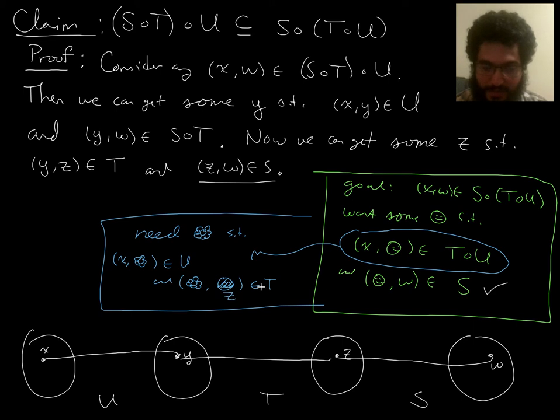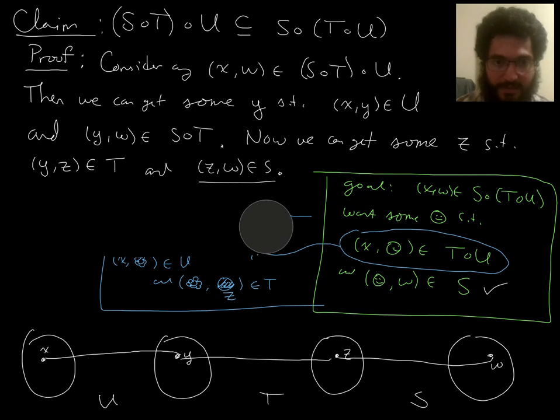So we think maybe Z will work here. Can you find something to fill the job of the flower? There's only one thing in sight that can do it, and that is Y, right? X comma Y is in U, and Y comma Z, the thing that we think should play the role of smiley face, is in T. All right, so now we know what to do.